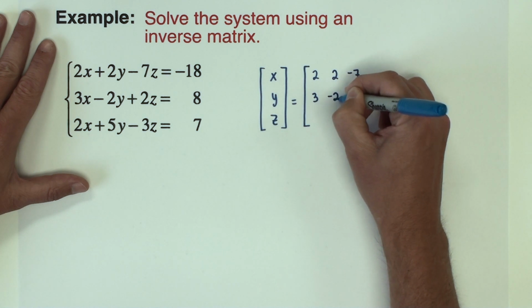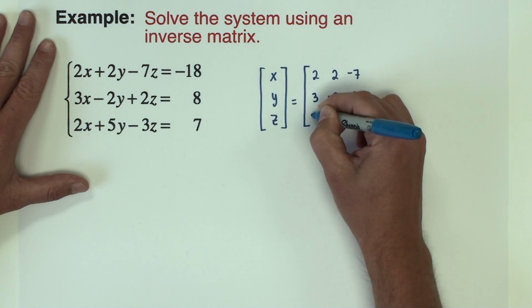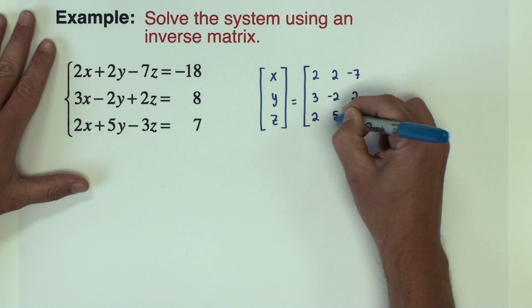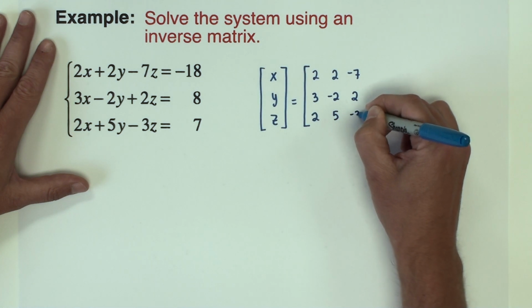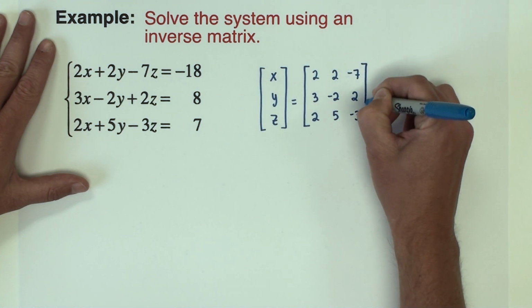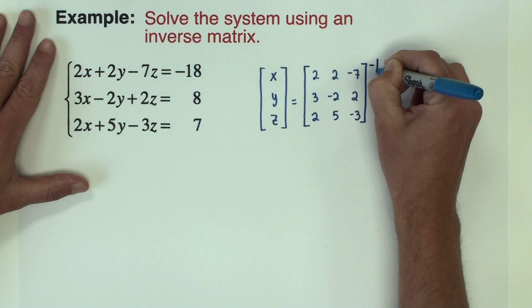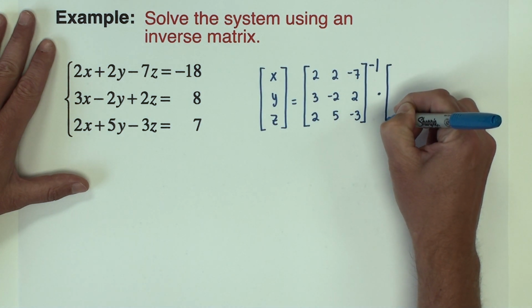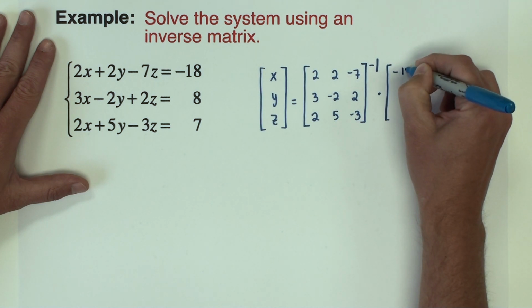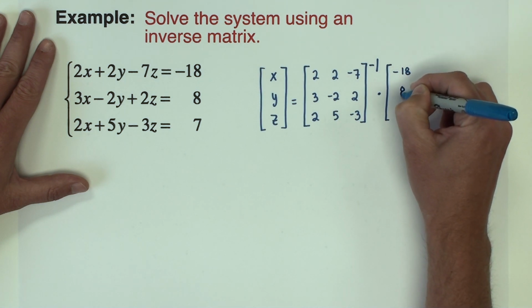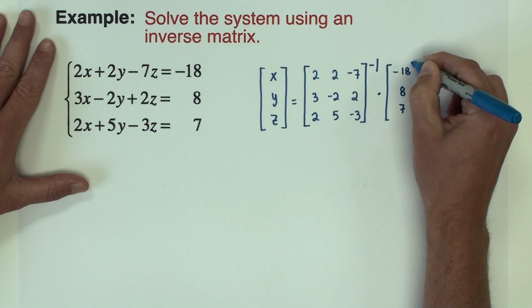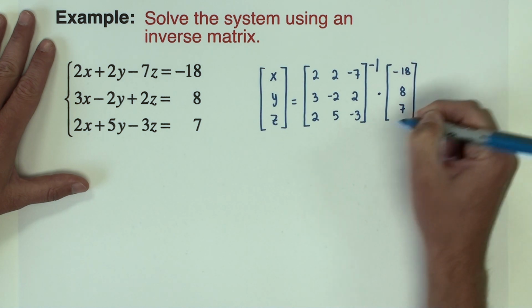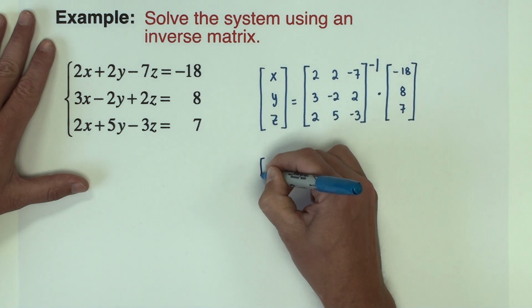I'm being very careful to make sure that I write all the numbers down correctly, including the negative signs where they're at. So I want the inverse of that matrix. I'm going to multiply that by the 3x1 matrix that represents the solutions to those equations.